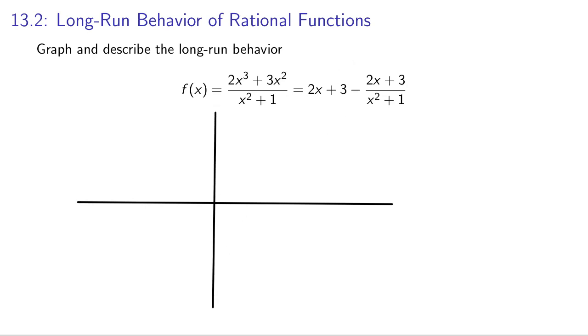So we can think about what the graph of that line looks like. It has a y-intercept of 3, 1, 2, 3. And it has a slope of 2, so it goes up 2 for every 1 in x.